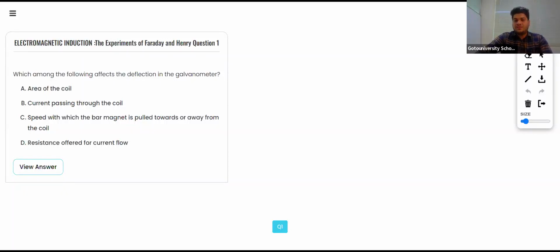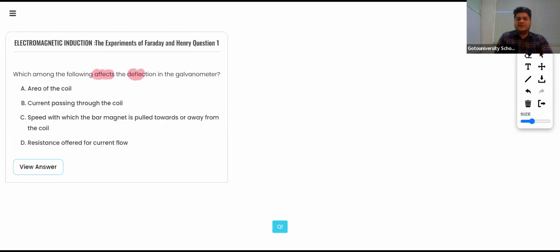I repeat the question. Which among the following affect the deflection in the galvanometer?